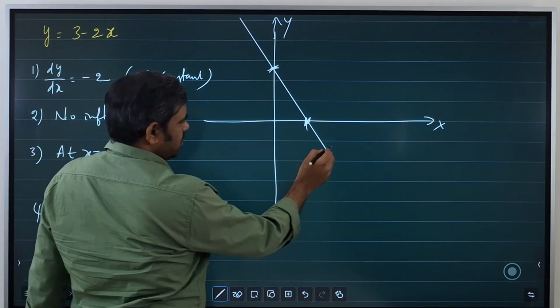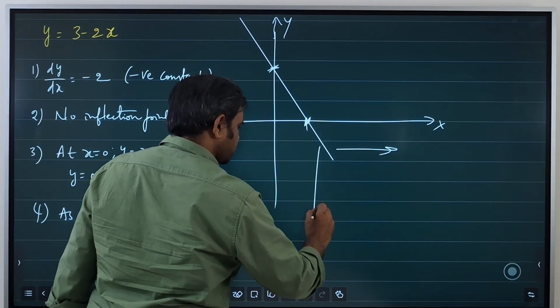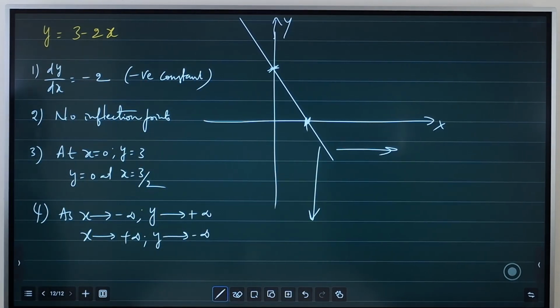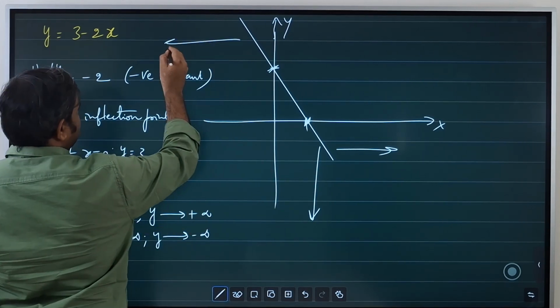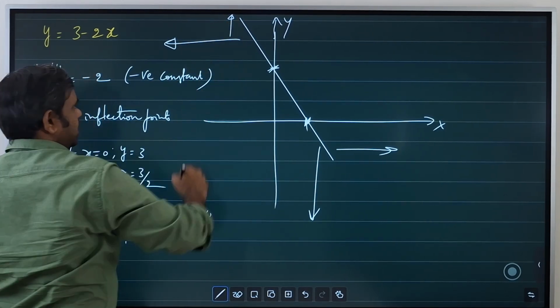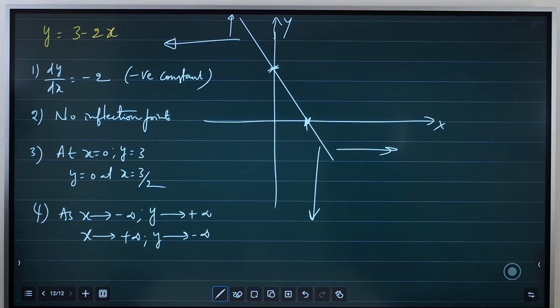As x becomes plus infinity, y becomes minus infinity. As x becomes minus infinity, y becomes plus infinity. These are straight line graphs, very simple graphs.